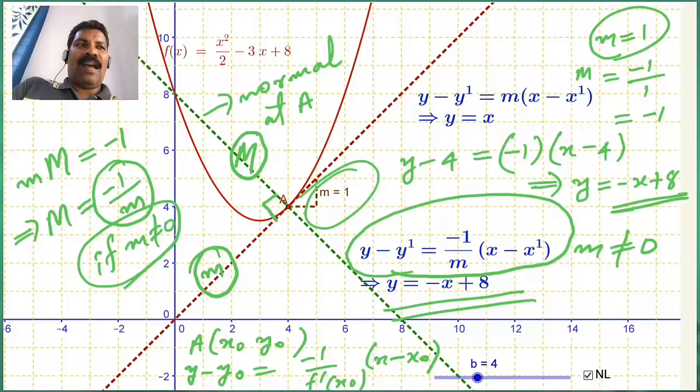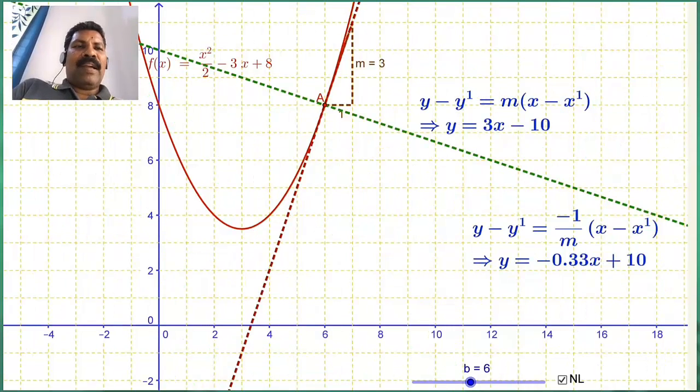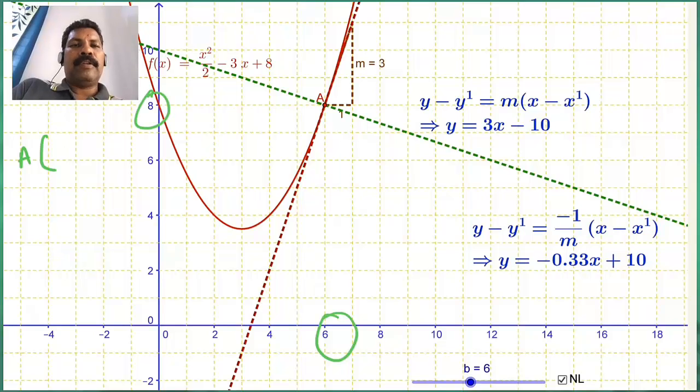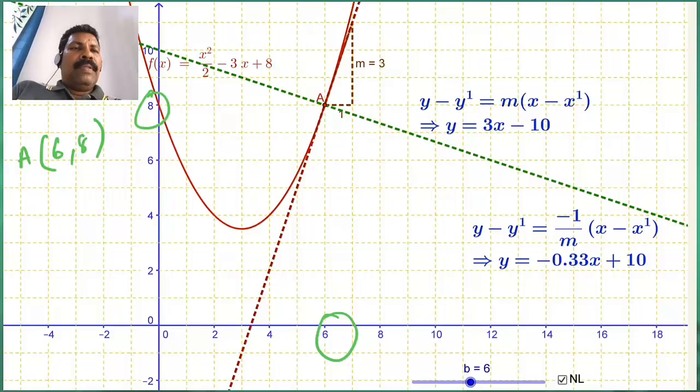Now let us consider another case. Here we have taken the point capital A, that you can see from the diagram, (6, 8). So (6, 8) is the coordinate of capital A. Then again we can compute the slope of the tangent, that is m.